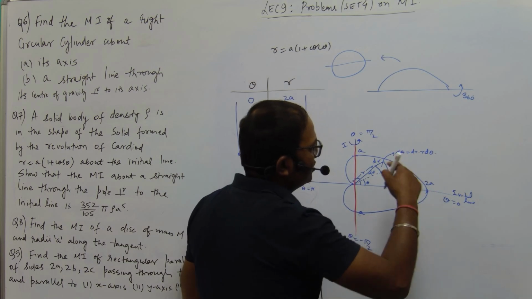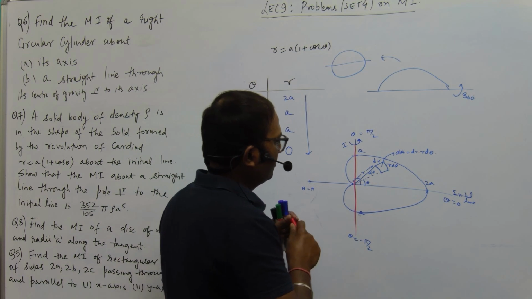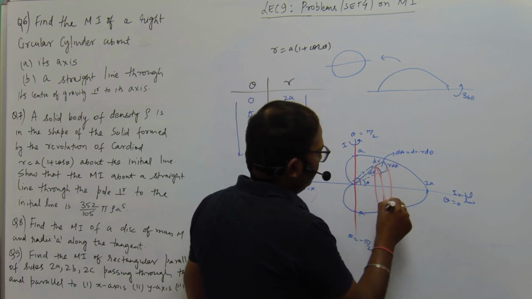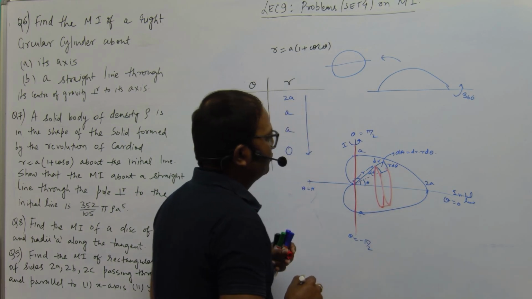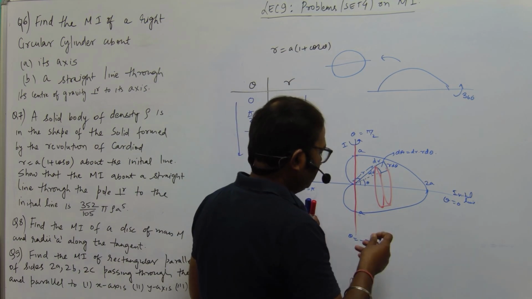When we rotate this about 360 degree, this will generate a ring like this. The radius of the ring will be r sin theta.